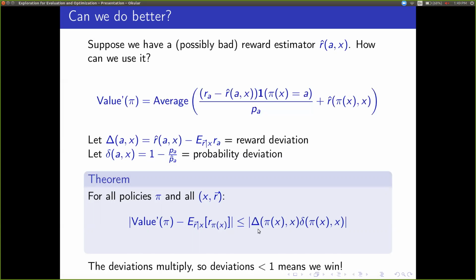And that means that if big delta and little delta are less than 1, you win, right? Because you're multiplying together deviations, and if they're both small, then you get something even smaller.